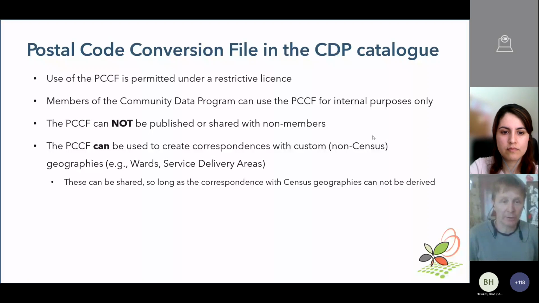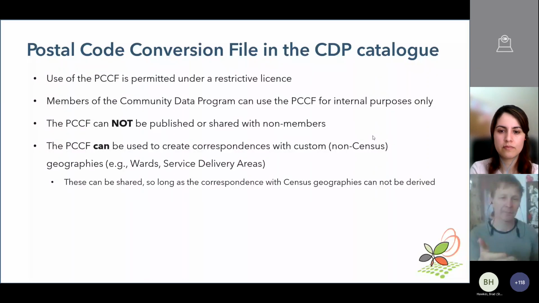And this could be shared so long as you can't reverse engineer back to the postal codes. So in no way should people who are getting this be able to get the original correspondences between the postal code and census geographies. So that's a little heads up for what you can and can't do.